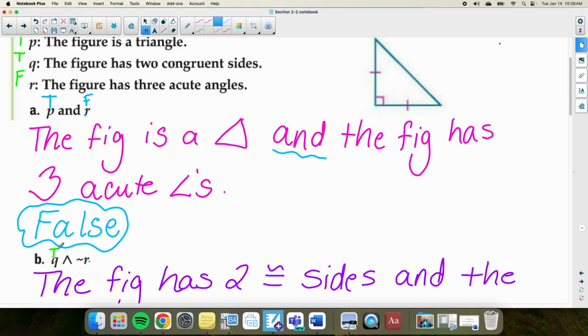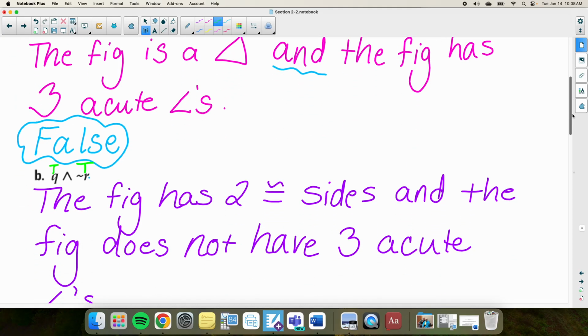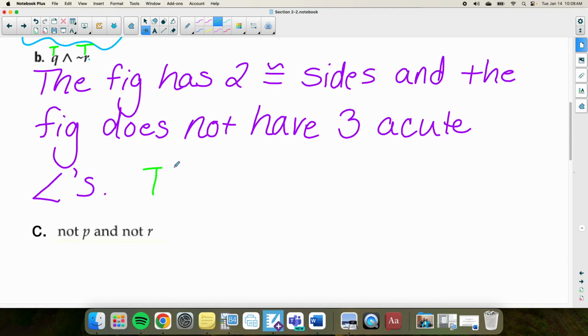Now that I negated it, it's gonna be the opposite of that. So instead of false, it's gonna be true. Now, both statements are true, which means my overall is true. Okay? So for these, both of them have to be true.